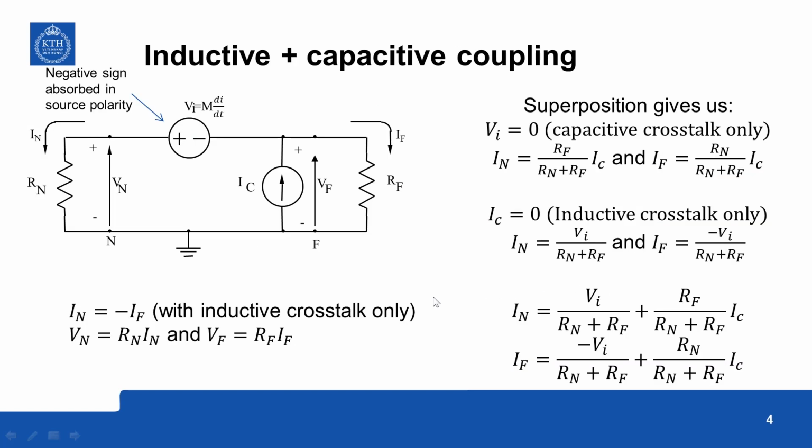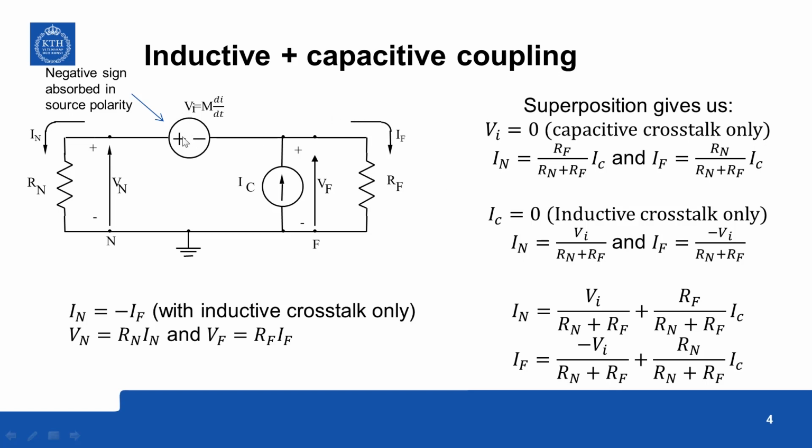Now assume that we have such conditions as given above, and we neglected the capacitance and the series inductance. Then in that case, the model is reduced to two resistors at the near end and far end and two voltage sources, one representing the inductive crosstalk and the other representing the capacitive crosstalk, or magnetic field interaction and electric field interaction.